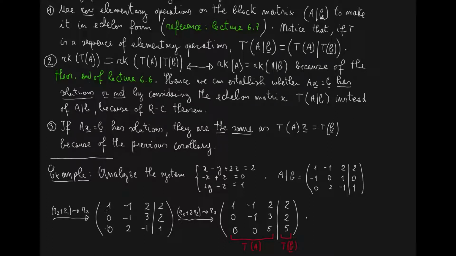So this new matrix is not in row echelon form yet, because we have a 0 here in the second row, but in the third row we just have a 0 on the left and not at least 2 zeros. So the obstruction to being in echelon form is this coefficient 2 here in the third row. Therefore we use the negative 1 coefficient in order to kill this number 2 through this operation, R3 plus 2R2.